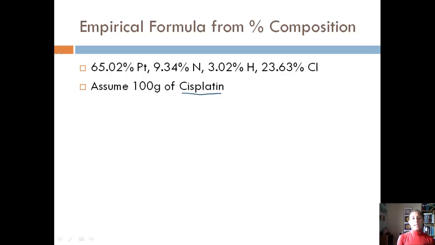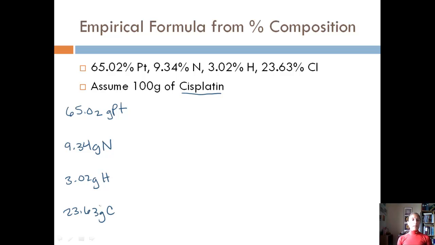But because 100 is related to percents, this is a really easy conversion. So if we assume 100 grams total, then that means that we have 65.02 grams of platinum. We have 9.34 grams of nitrogen, 3.02 grams of hydrogen, and 23.63 grams of chlorine.